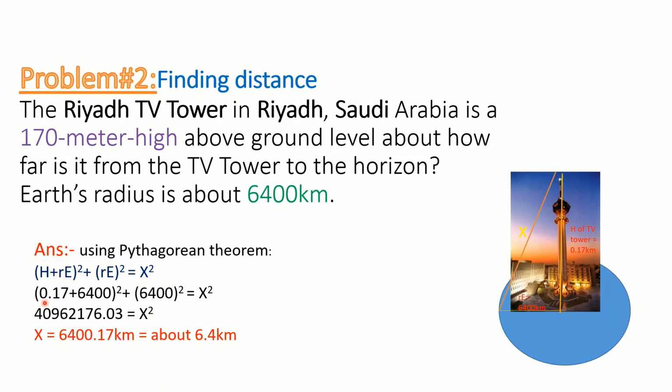So 0.17 plus 6,400 squared plus 6,400 squared equals x squared. Simplifying this, it will give you this much equal to x squared. Then taking the square root of this value, x will be 6,400.17 kilometers, which is about 6.4 kilometers.